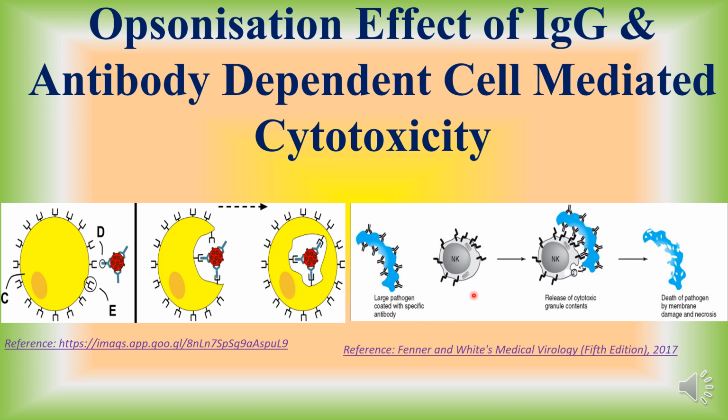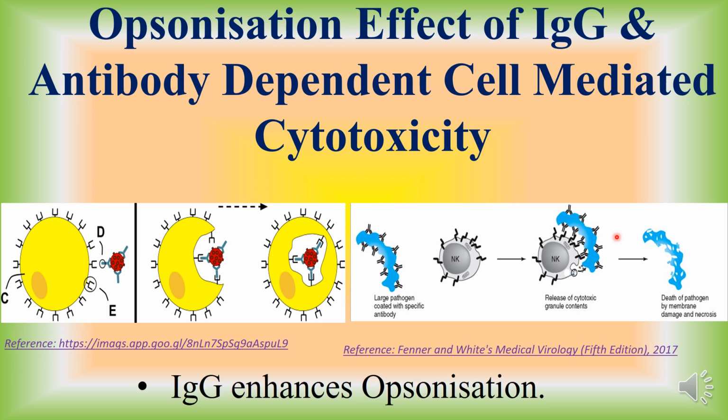Once this is done, the natural killer cell is stimulated to release certain toxic granule contents, and these toxic granule contents cause death of the pathogen by membrane damage and necrosis. And this is what is antibody dependent cell mediated cytotoxicity, because immunoglobulin G enhances this opsonization process and killing of the pathogen.